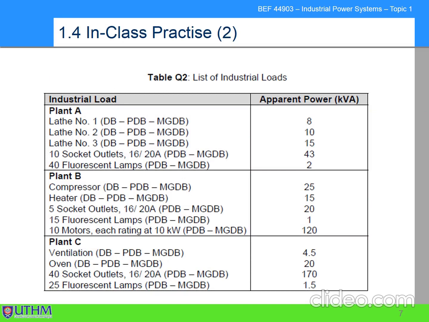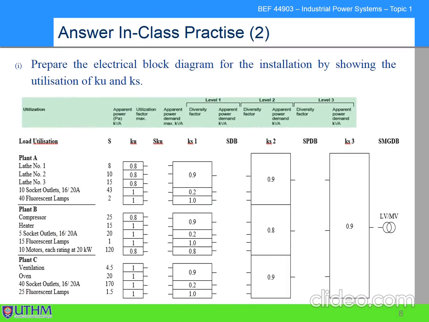All the loads are given in apparent power. So there are 3 plants, plant A, plant B, and plant C, with different types of load and different values of kVA. Next, this is the answer for practice 2.